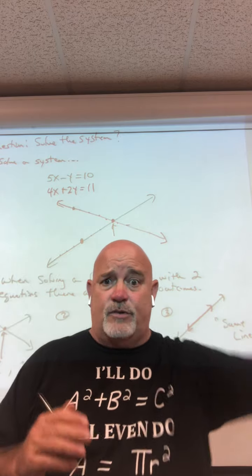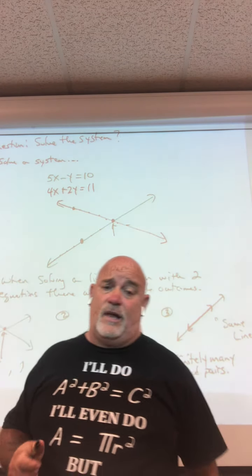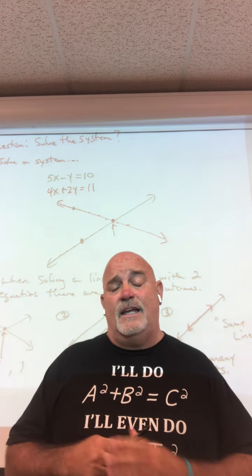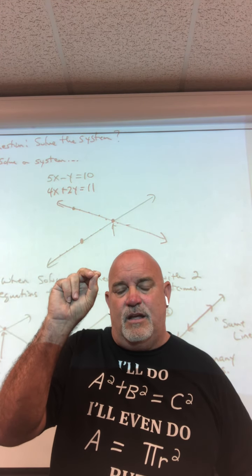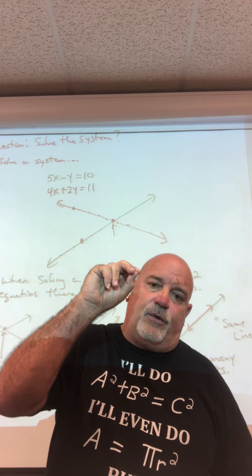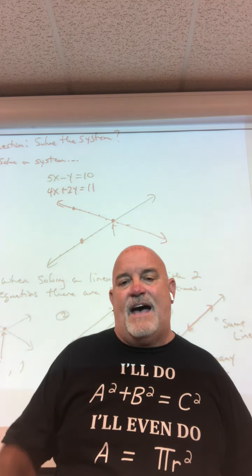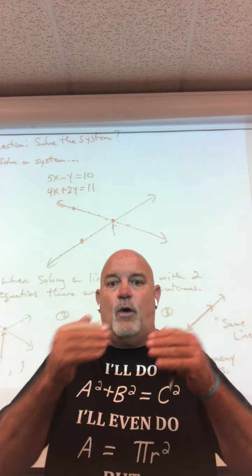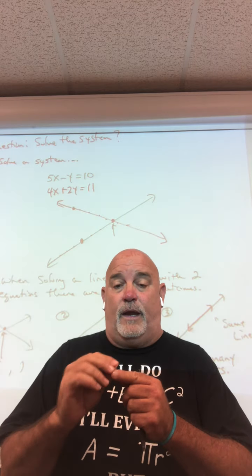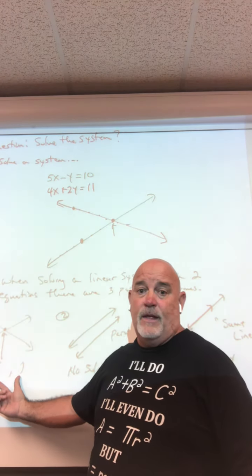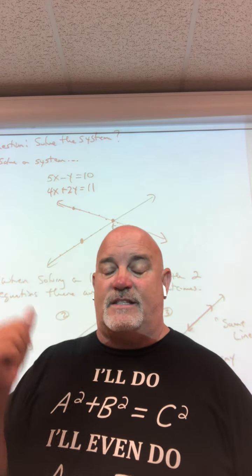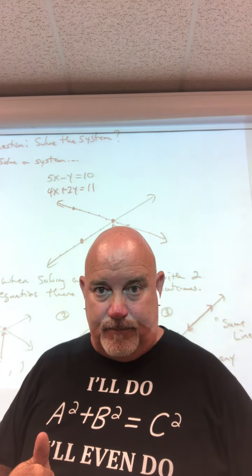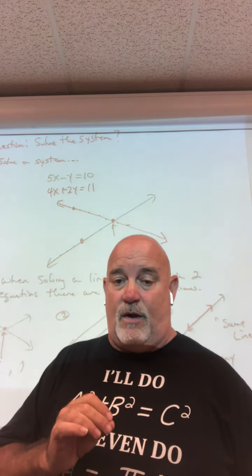I mean, heavens, I don't want to try to graph way out there to see where those 2 lines cross. Secondly, what if they cross at an unusual place? Like 1.473, 2.587. So what if they don't cross at what we call a grid point, where your ordered pair is a whole number? So we're not going to solve these systems by graphing.